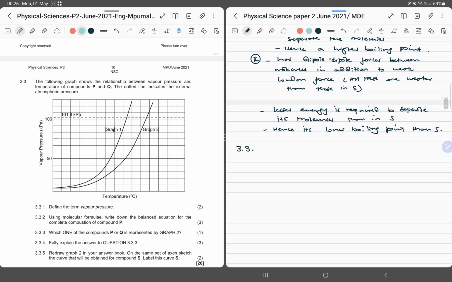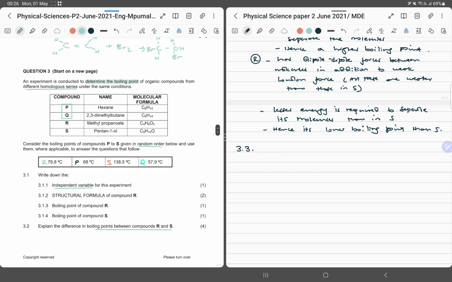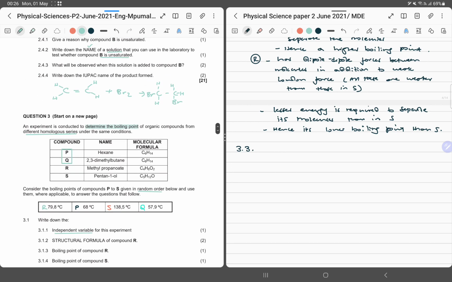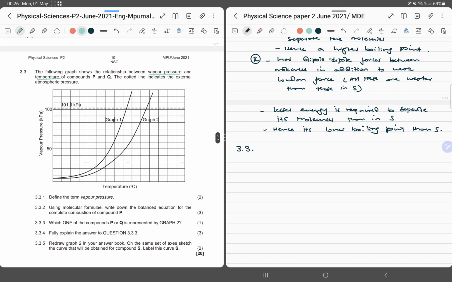Okay, now let's go for 3.3. It says now, the following graph shows the relationship between vapor pressure, you see, very common question, and temperature of compound P and Q. What did we say? Compound P and Q are actually chain isomers of one another.